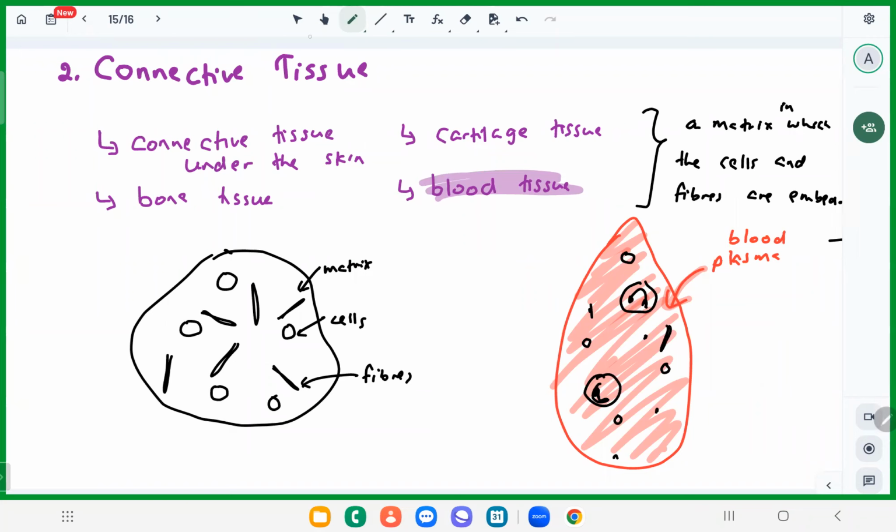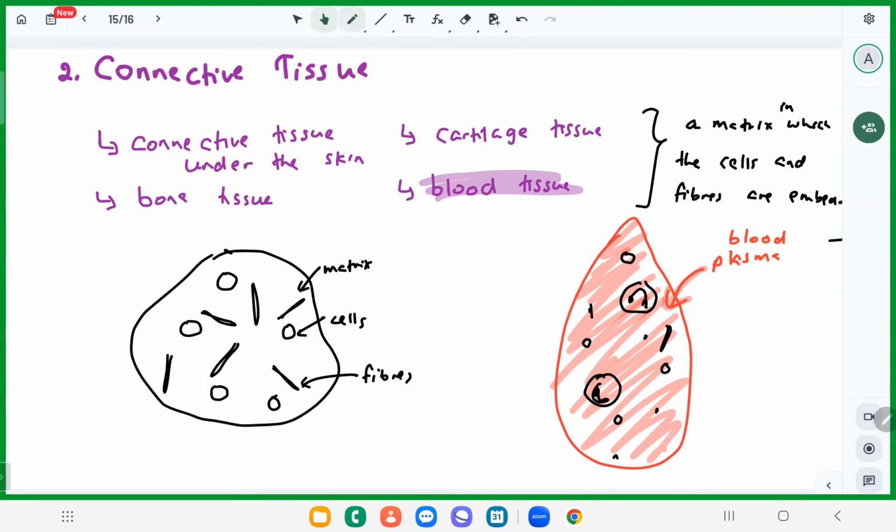So that's what you need to know about the blood tissue. It has blood plasma as the matrix and different types of cells within it. The red blood cells are also called erythrocytes. The white blood cells are also called leukocytes, and the platelets are just these tiny fragments of cells that come into action during blood clotting.